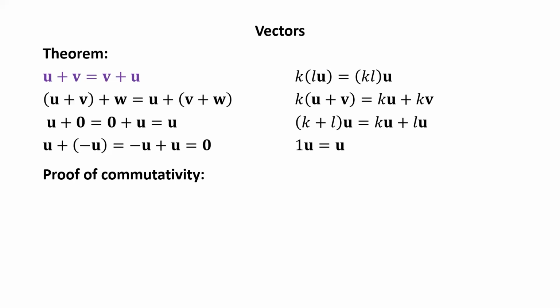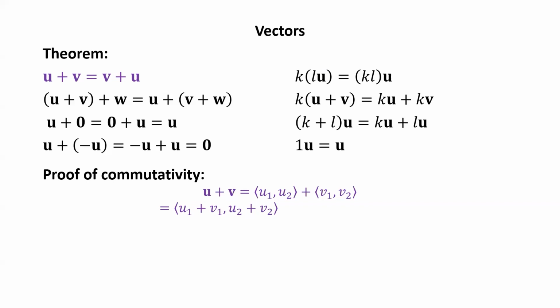Let's prove the commutativity of addition, and we'll just do it in 2 space. The proof in 3 space is nearly identical. There's just an extra component. So starting with the vector u plus v, let's write that in component form as <u1, u2> plus <v1, v2>. Now we use the definition of addition to get <u1 plus v1, u2 plus v2>. Now, inside those brackets, all those numbers, u1, v1, u2, and v2, are just real numbers.